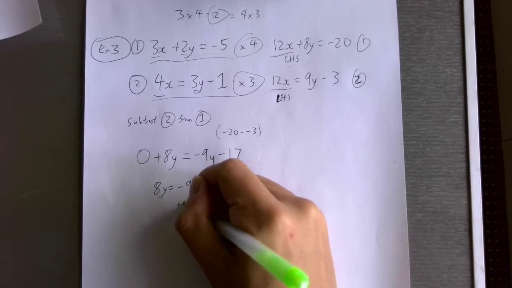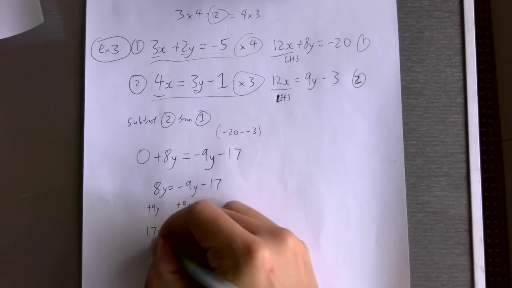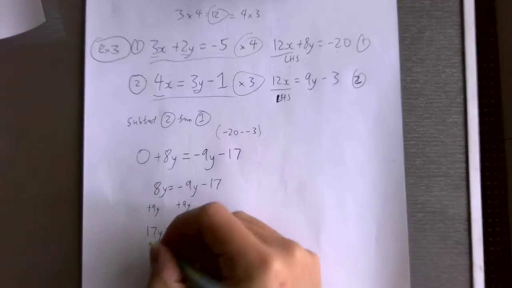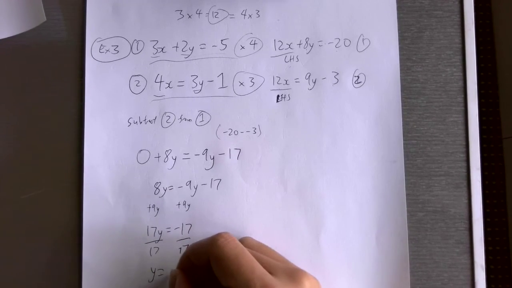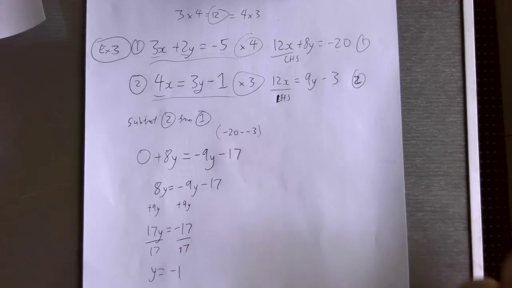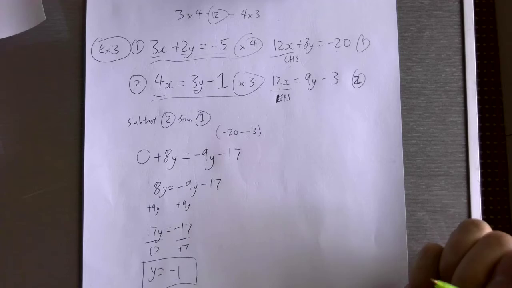So to solve this, we need to just move the 9y to the other side. Then we end up with 17y equals negative 17, and I think you can see where this is going. I'm going to divide both sides by 17, y equals negative 1. Alright, so we found one of our solutions.